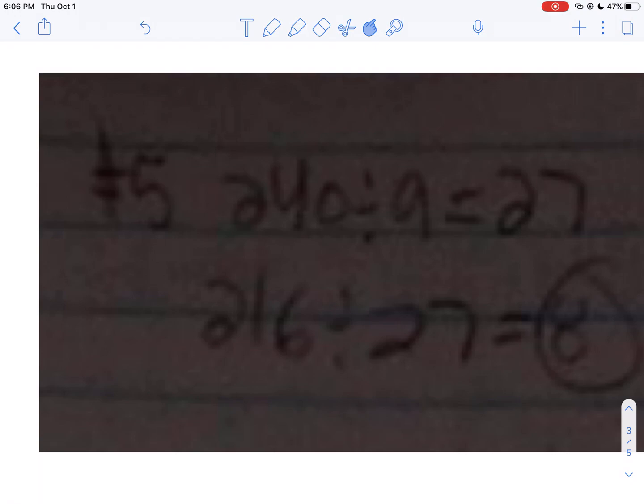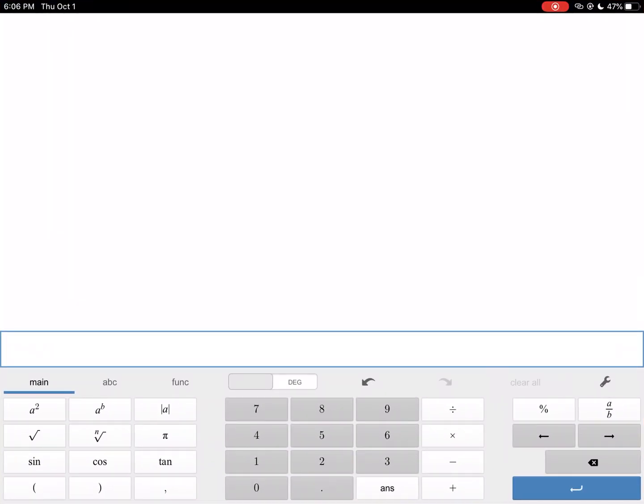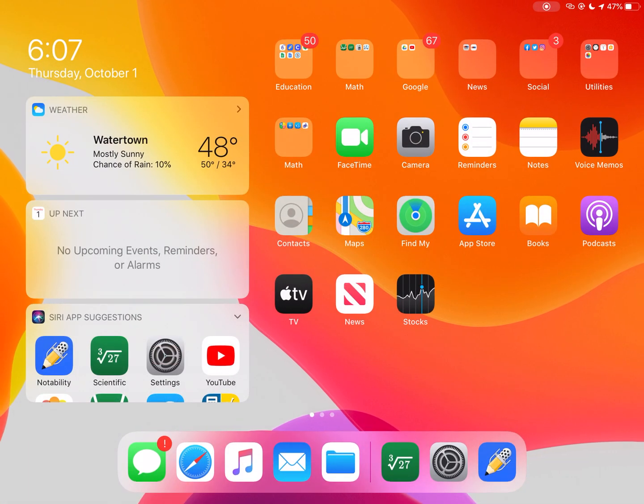So let's do this on the calculator so you can see it. I'm going to clear out everything from the previous problem. So we take 240 divided by 9. And that's like 26 and 2/3. Don't write 26. Don't round that to 27. I'm just going to say 240 over 9. Or I'm going to leave that in my calculator for now.